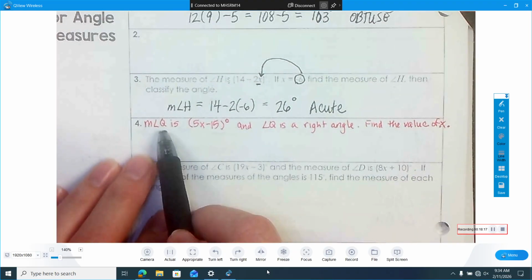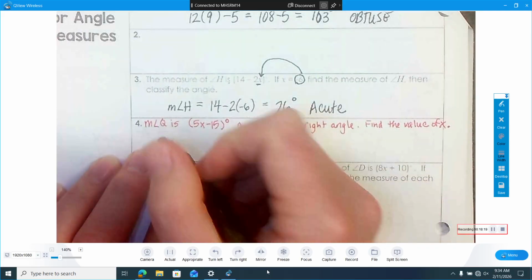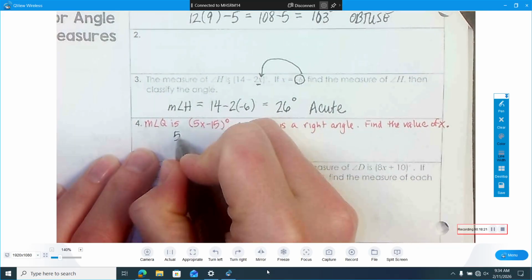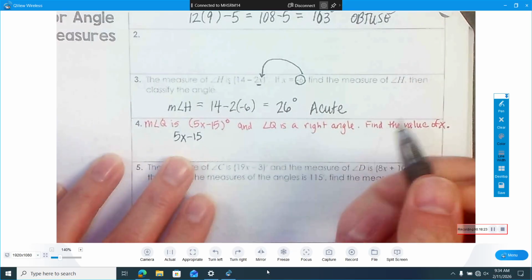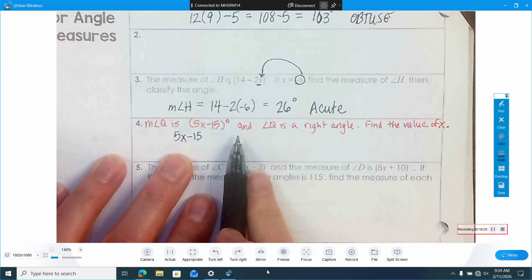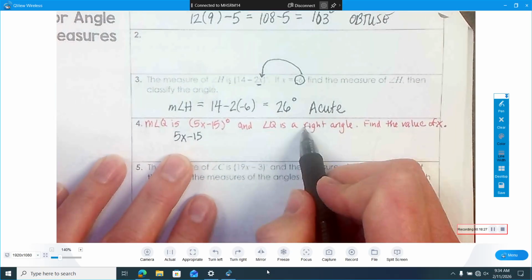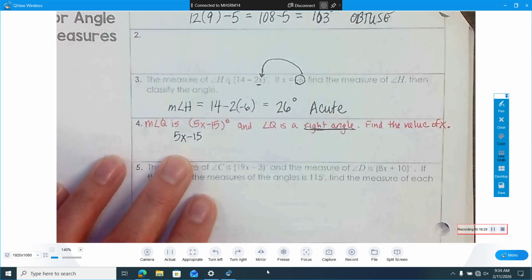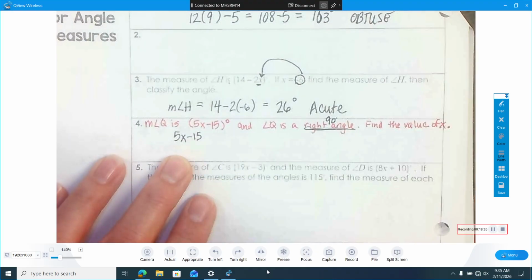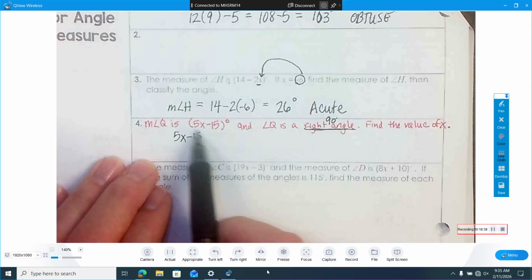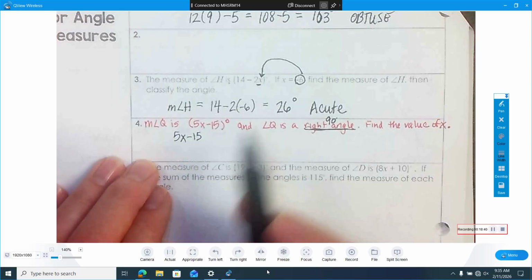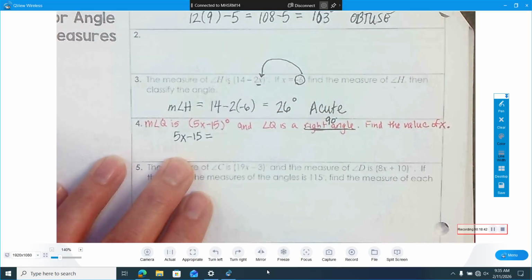Let's see. I know angle Q is 5x minus 15 degrees. And it's also a right angle. Tell me about a right angle. It's 90 degrees, yeah? So this should be equal to what? 90, yeah.